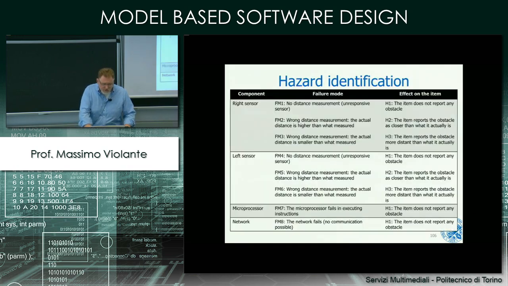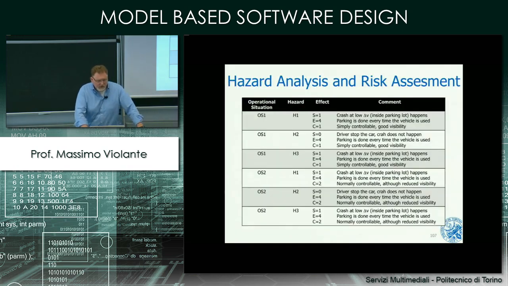So for the consideration that we have done so far, we can see that we could most likely have C1 when we have good visibility, and then we could have C equal to 2 when we have reduced visibility.